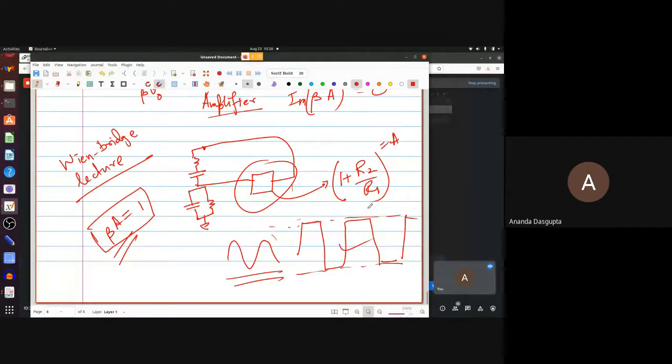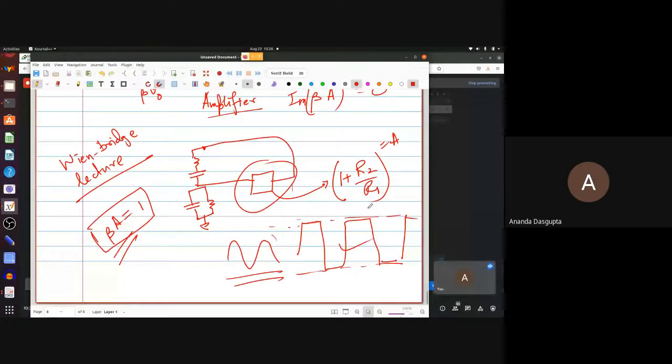Does the resistance of a circuit depend on how much the signal is? When you say resistance is say 1 kilo ohm, is it 1 kilo ohm for a 1 milliampere current or a 1 ampere current? Or does it not matter? Yes?